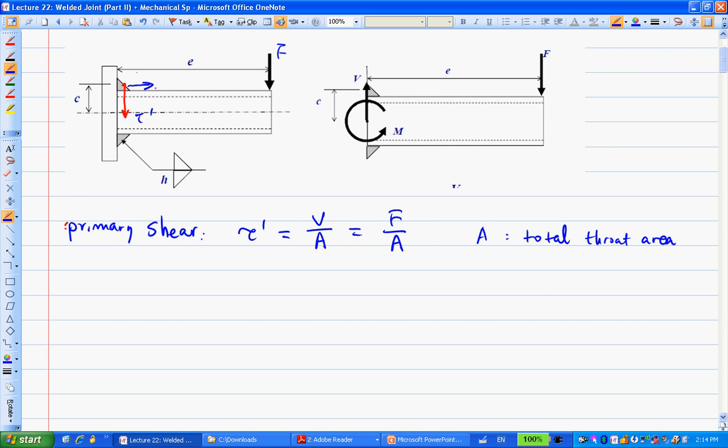It still goes that direction, and the way to calculate is still the same, but we call it tau double prime, the secondary shear, and we call that bending shear. It's just to be consistent with the conservative model we're using: everything on the throat area is a shear stress. So tau double prime will be M times R over I.